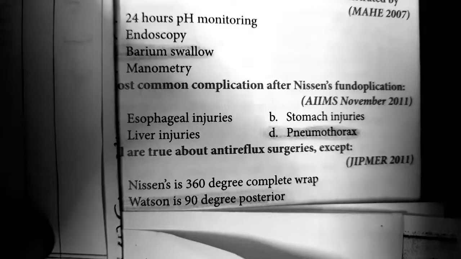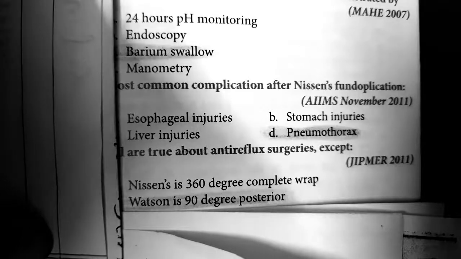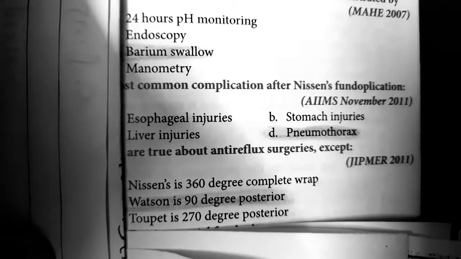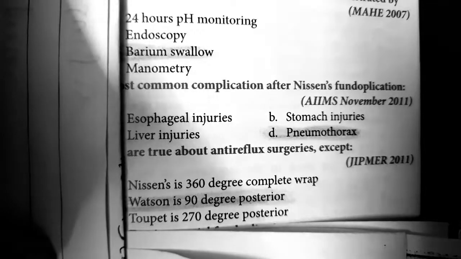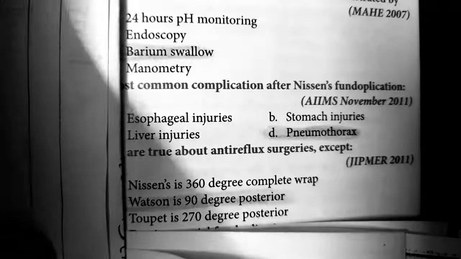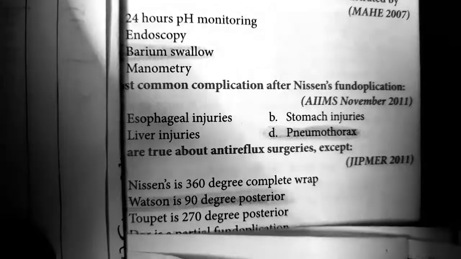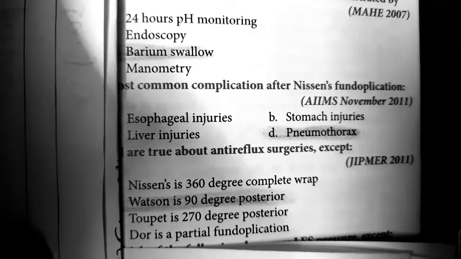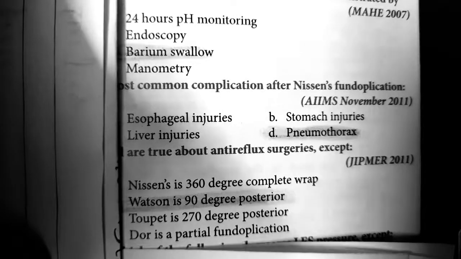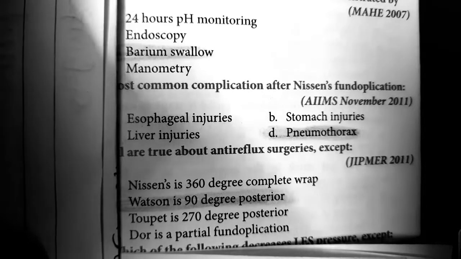So Watson's is a 90 degree anterior wrap. Then we have Toupet, P for posterior. So a 270 degree posterior wrap is the Toupet wrap. Dor is a partial fundoplication. True. Dor is a 180 degree anterior wrap.